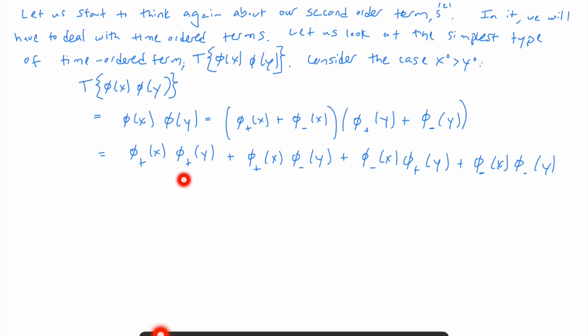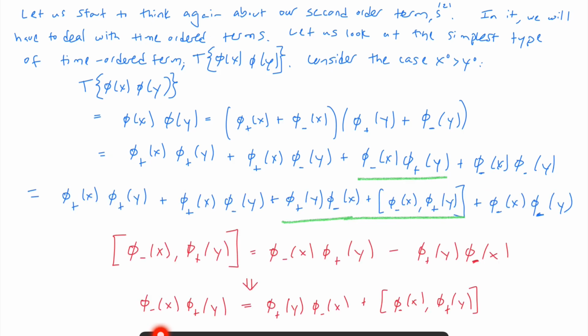Now look carefully at this over here. I'm going to play a little game. I'm going to keep this term over here, this term over here, and this last term just the same over here. But look at this term. I'm going to manipulate it a little bit and switch the plus and the minus. The plus, which remember are the creation operators, and the minuses, I'm going to switch them. So I put the phi plus here and the phi minus here.